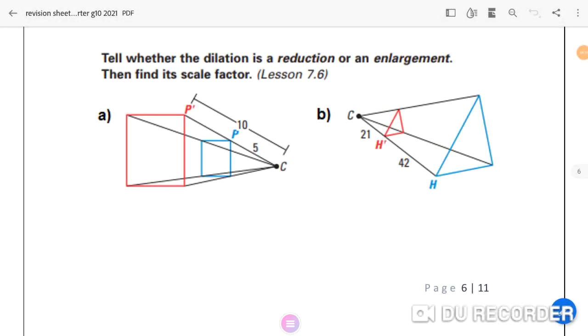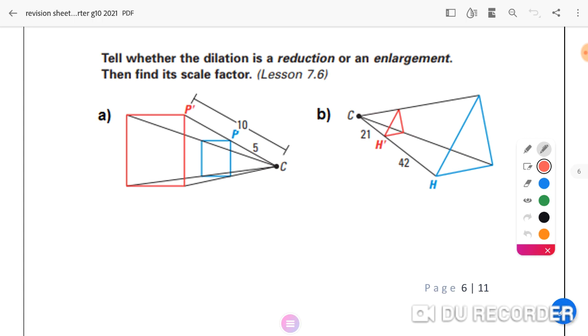Question number 11 is also about the dilation, but here we are required to find out the scale factor of the dilation. Okay, so guys, you need to differentiate between two things. Which figure is the original figure or pre-image, and what figure is the image?